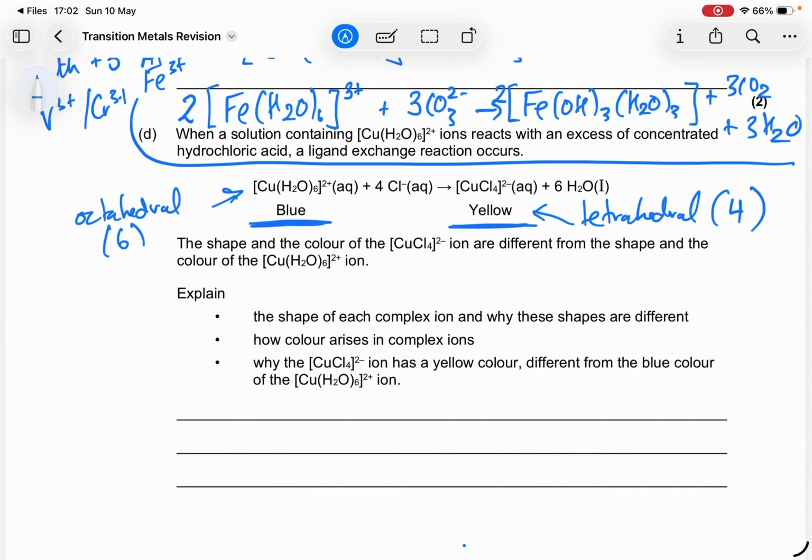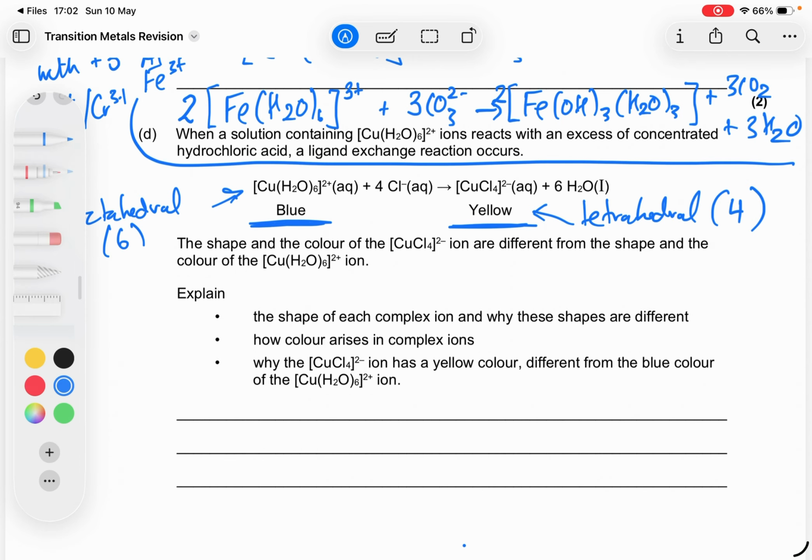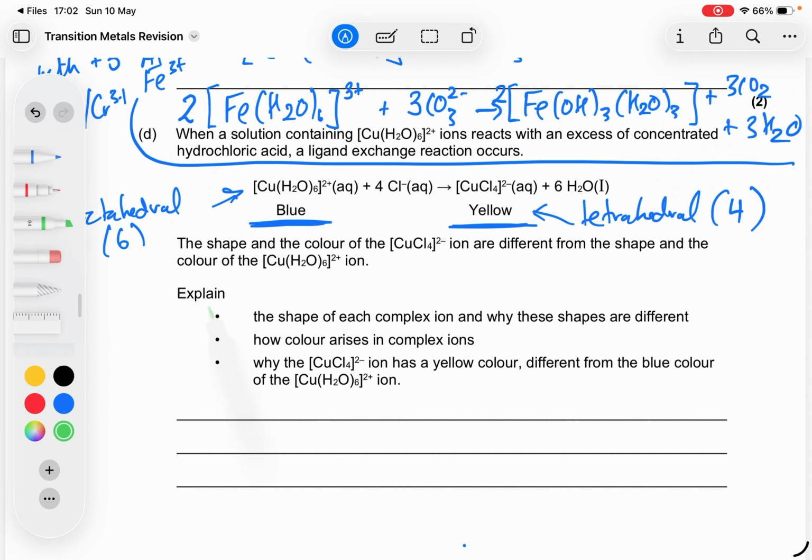As a rule, when AQA asks 6 marker questions, you're looking at 8 or 9 points. So the best way to tackle a 6 marker of this nature is to look at each bullet point, and let's go one bullet point at a time.